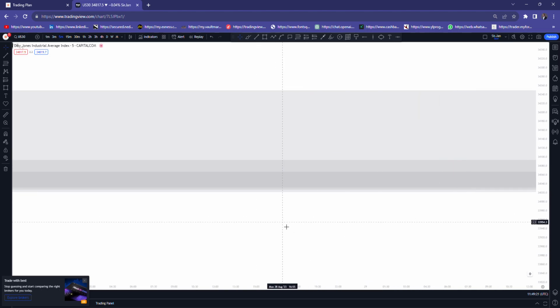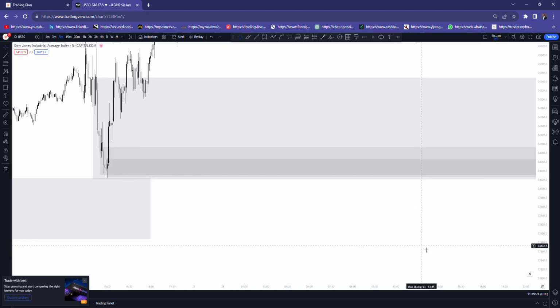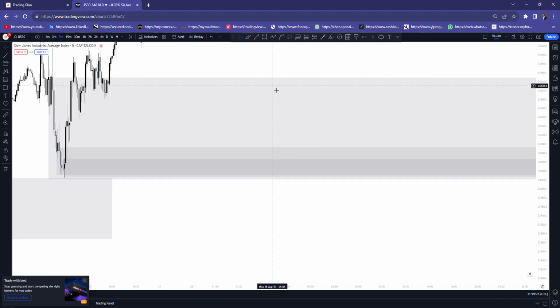Okay, sure. And then let's check. Is it only this one, or do we have another one? We do have the zone. It was not mitigated here.